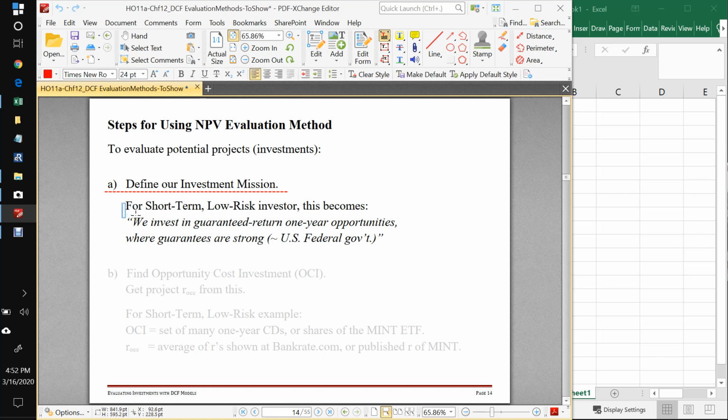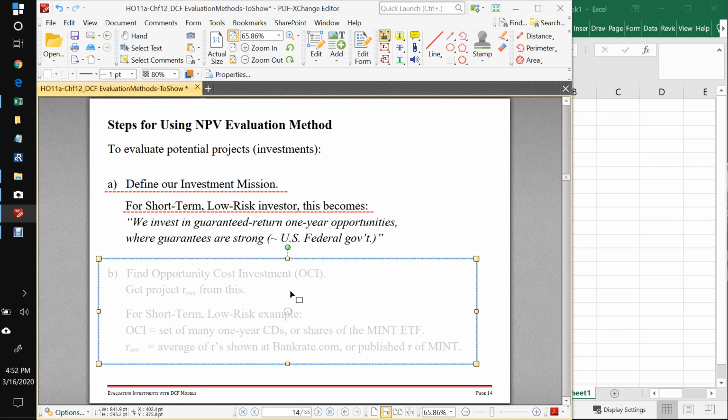For our short-term, low-risk investor that we talked about a lot in the last chapter, our mission statement would be: we invest in guaranteed return, one-year opportunities where the guarantees are strong, similar to something like US government guarantees. So that's step one to apply the NPV method.